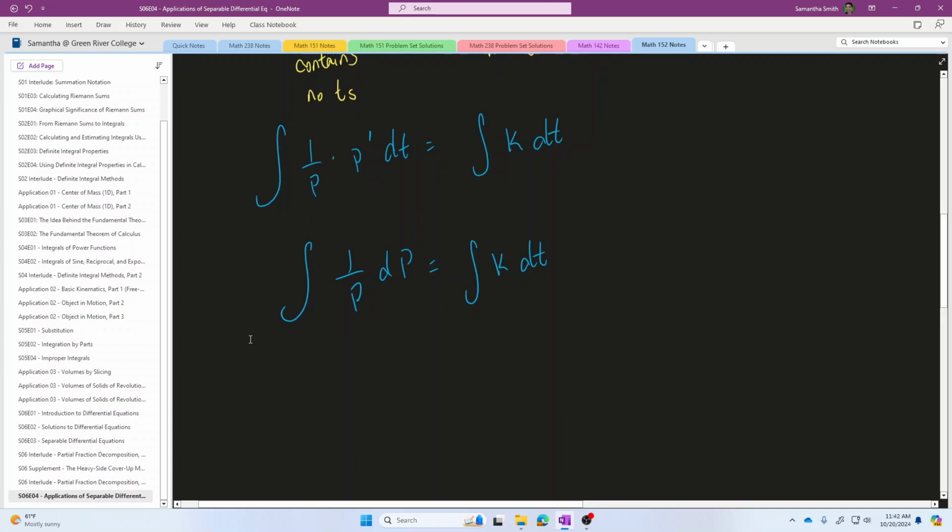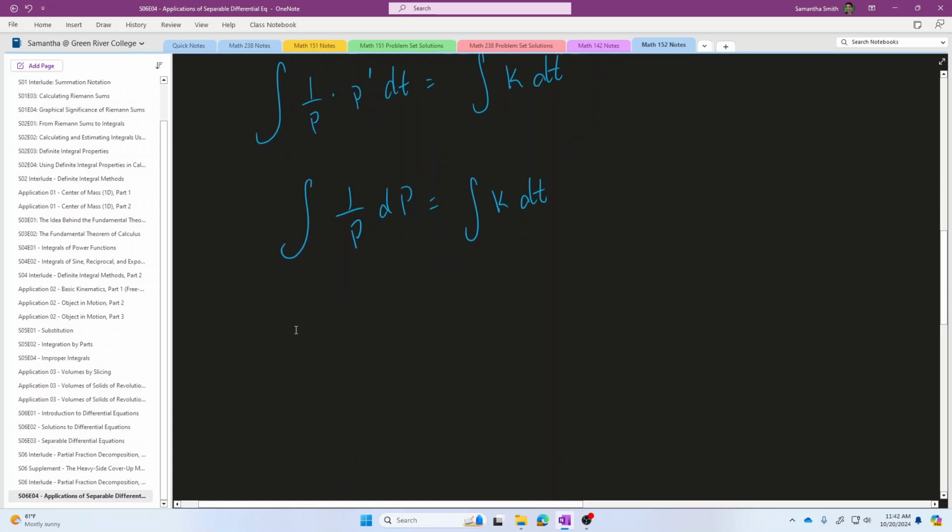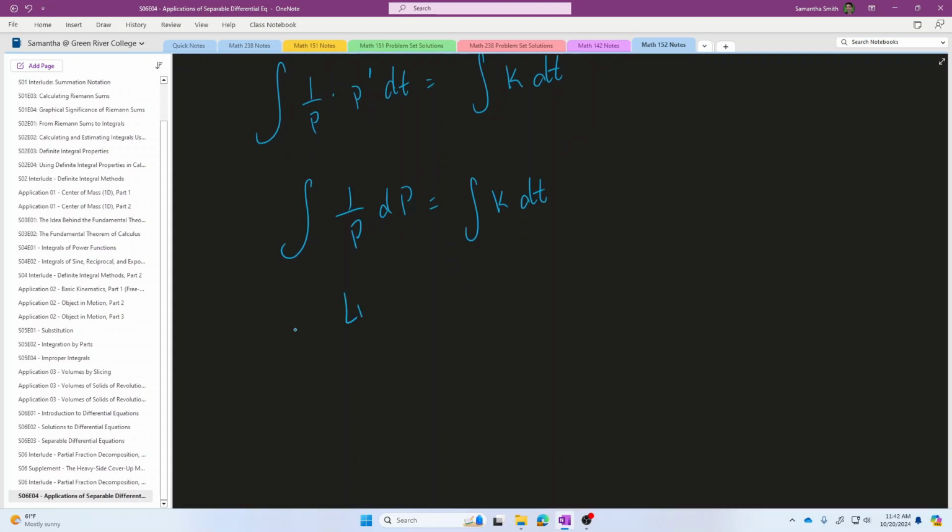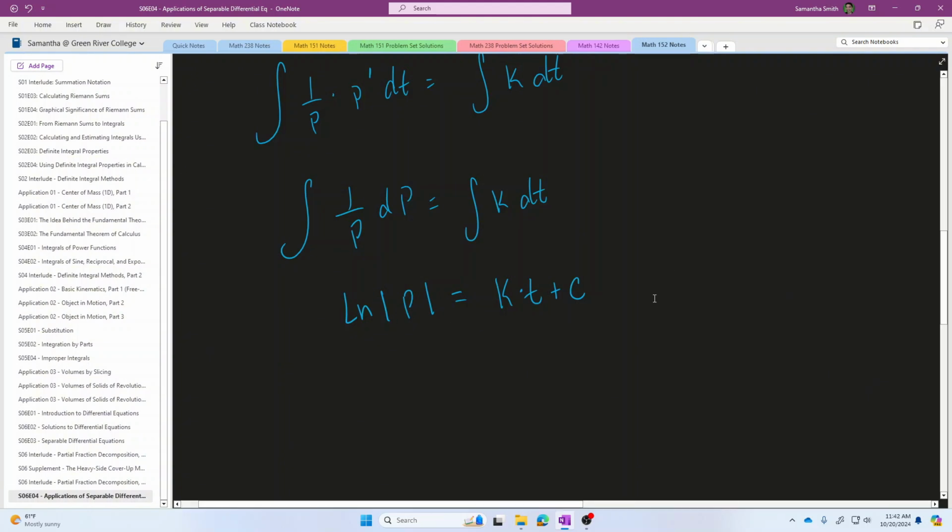Okay, now if I integrate 1 over p with respect to p, I get the natural log. And if I integrate a constant, the integral of a constant is just constant times variable. So I get k times my variable t, and then plus c in the back.